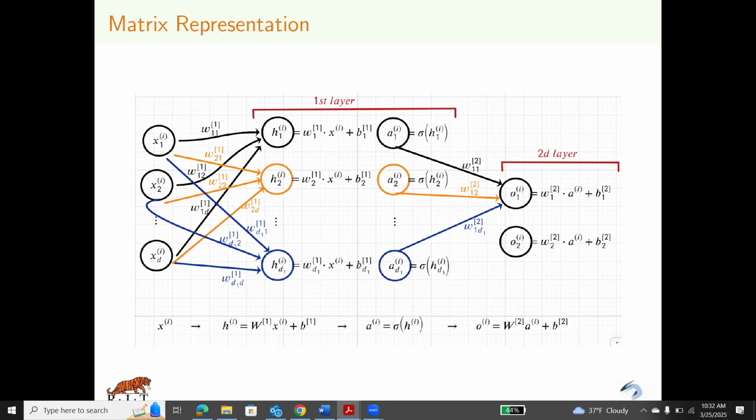You use the second row of the matrix times X. To get the entire vector H, multiply your matrix W by X plus the bias vector. Then you apply the activation function, sigmoid. There are many other activation functions we will talk about later. And finally, we apply the second matrix to this vector of A's. So this is the matrix representation of a neural network.